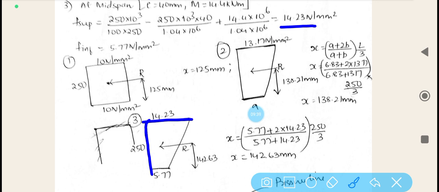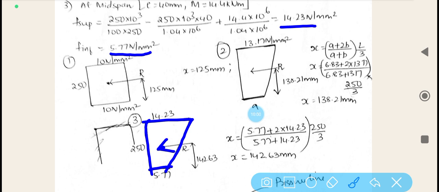F inferior is also positive, therefore I am plotting to the right of the section. And let me connect both. Again, the stress distribution plot at the mid span is a trapezoidal section. We need to find out the resultant, that is the centroid.